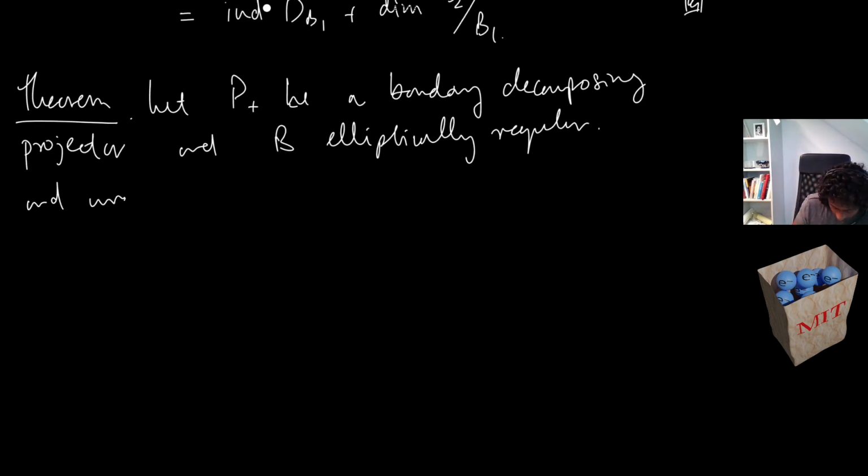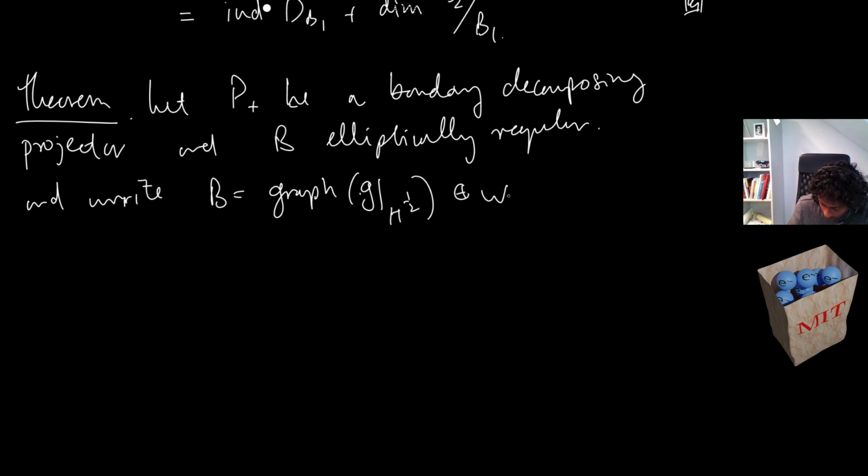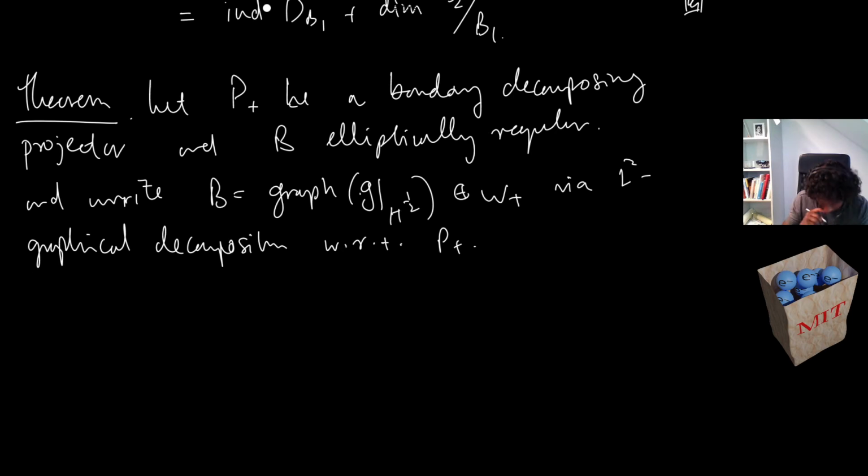And write B equals the graph of G restricted to H half plus W plus, via the L2 graphical decomposition with respect to P plus.